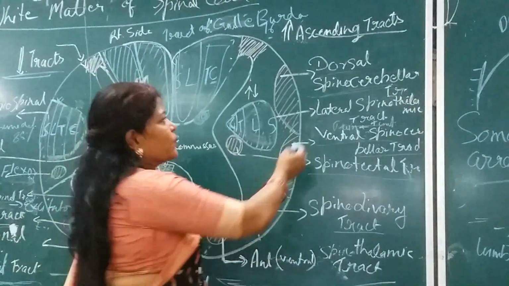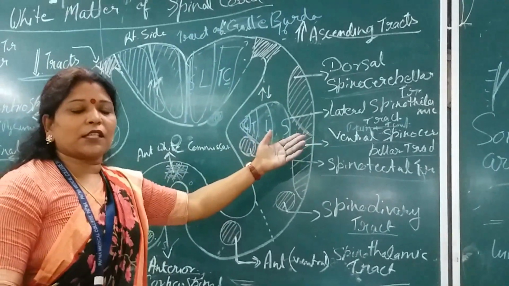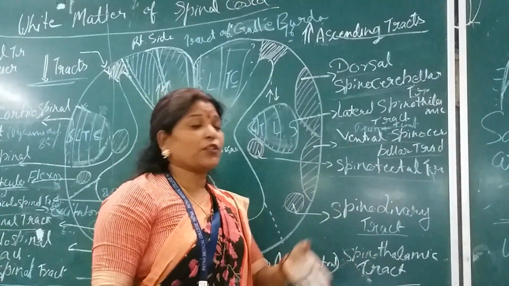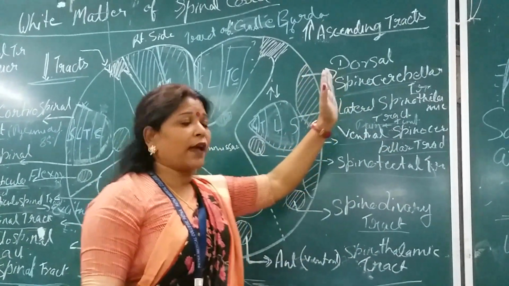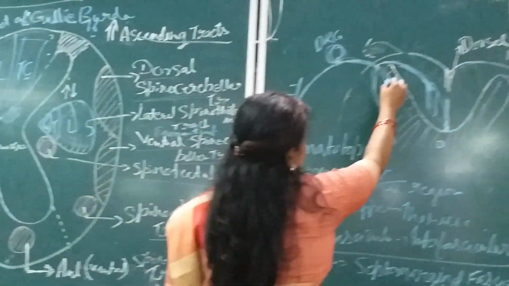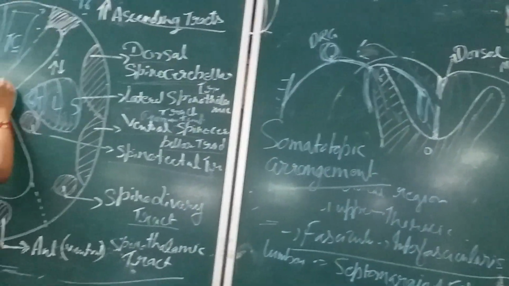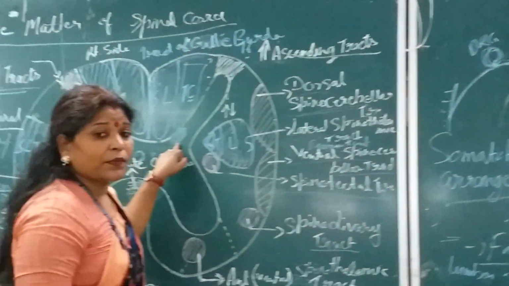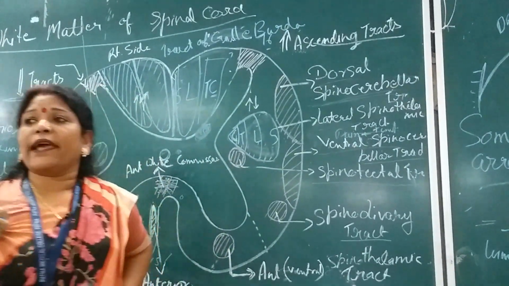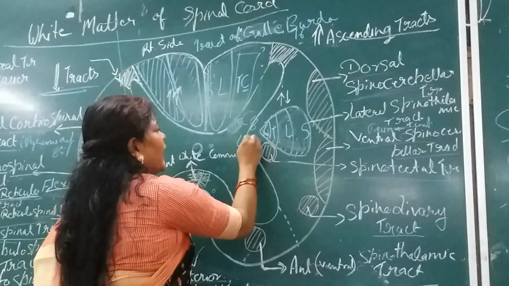The unconscious proprioceptive impulses coming from the muscles, tendons, ligaments, touch and pressure are carried via the dorsal root ganglia, with the central process ending here in the Clarke's column cells. These cells have a very specific limitation: they are not present along the whole length. We have discussed this. They are present only from C8 to L2.